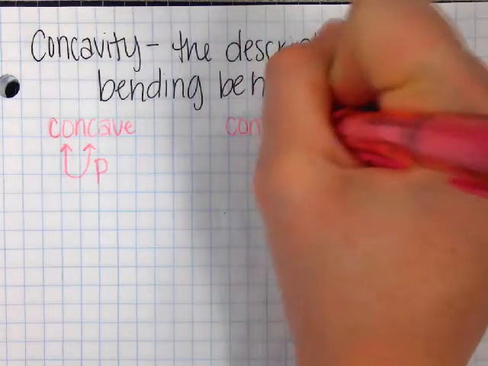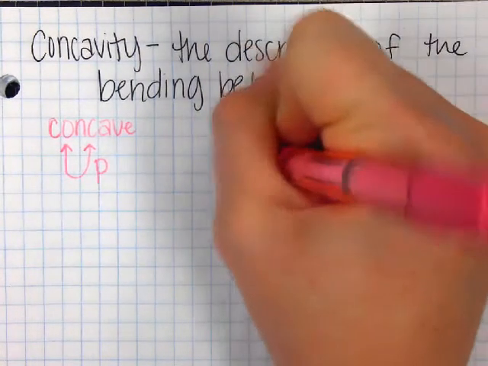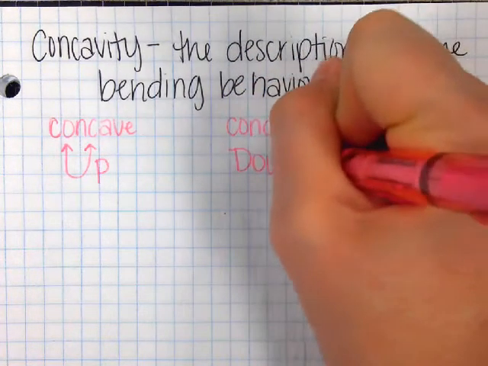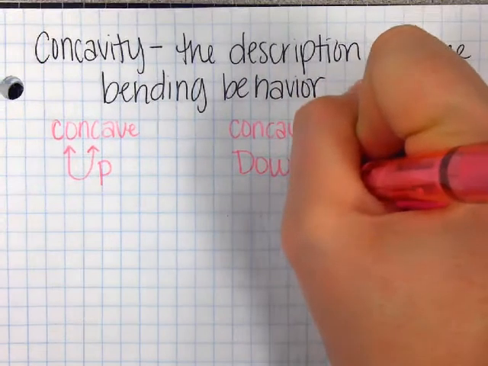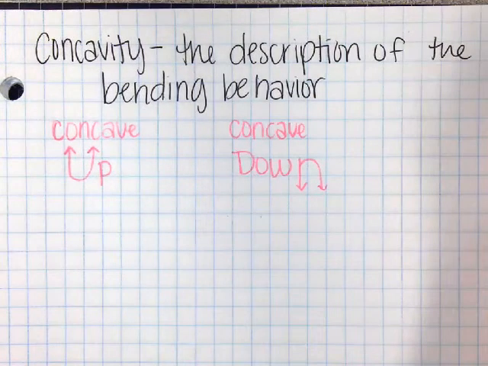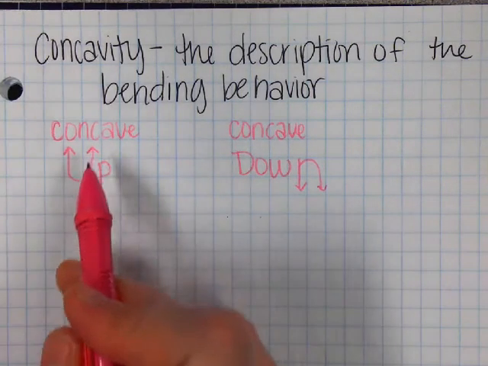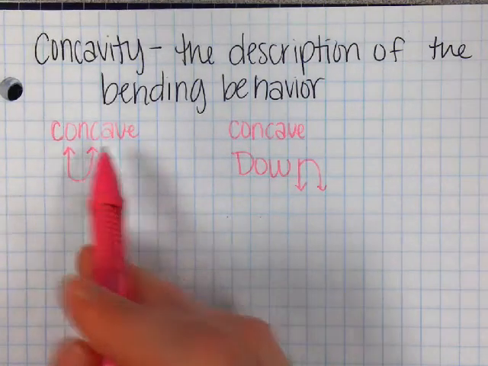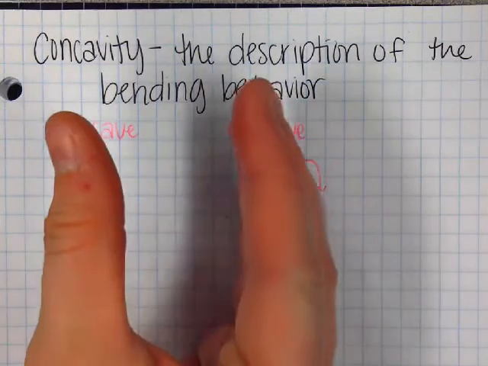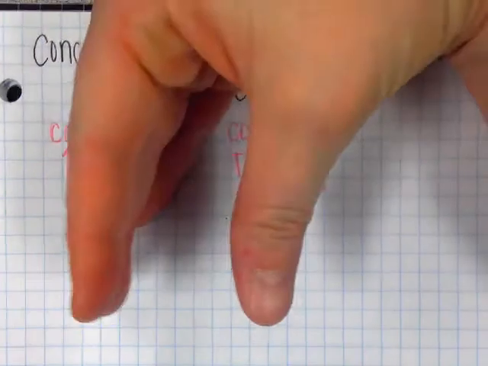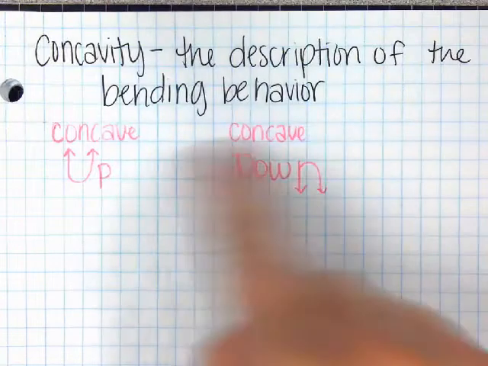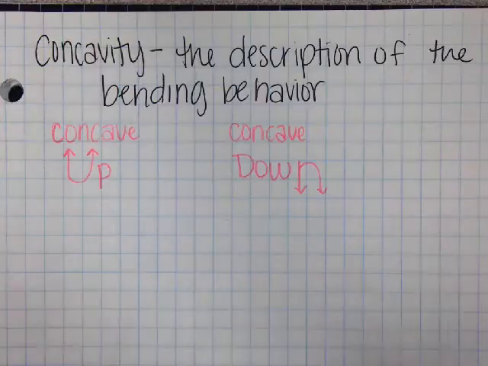Concave down, like a frown. So concave up is just when it's facing up like this. Concave down is whenever it's down like that.